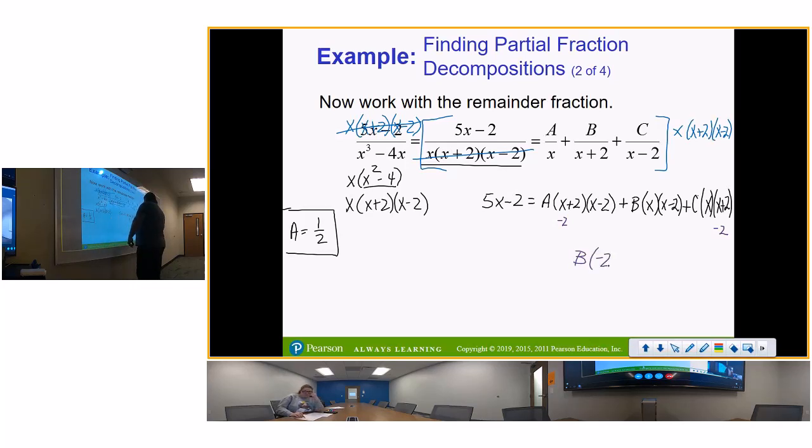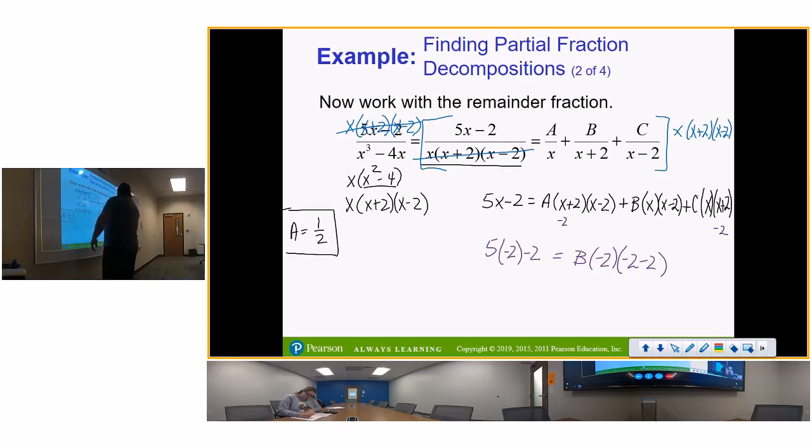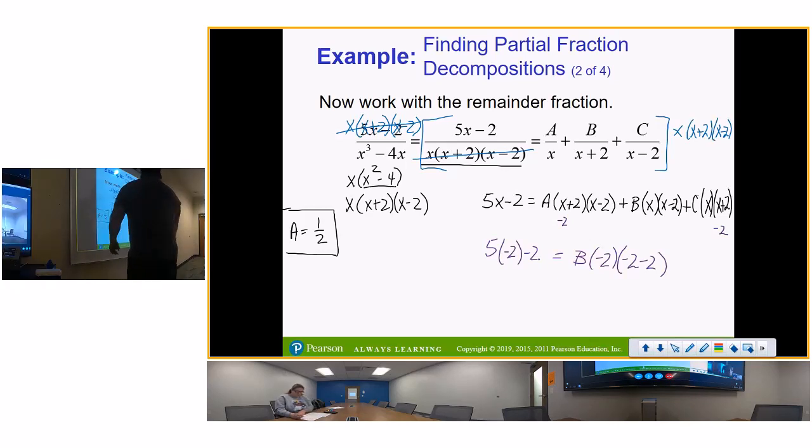Negative 2, thank you. And negative 2 minus 2 is equal to 5 times negative 2 minus 2. All right, crank that out. Now the reason I only have the b is because negative 2 will make that 0, and negative 2 right here will make that 0. So a and c go out. So what is 5 times negative 2?